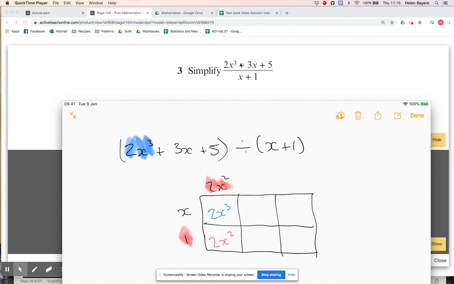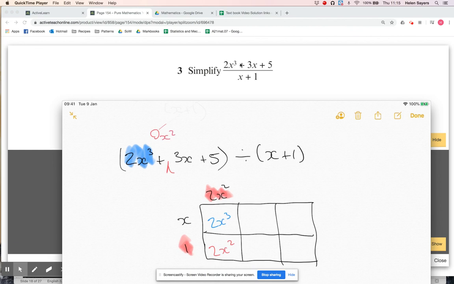As we've said, the x squared term is 0x squared, so that's going to need to be minus 2x squared to make it 0x squared overall. So to make that minus 2x squared, it's going to have to be x times minus 2x. Then if I look at my x term, which is supposed to be 3x, I've got minus 2 times 1 here, so minus 2x.